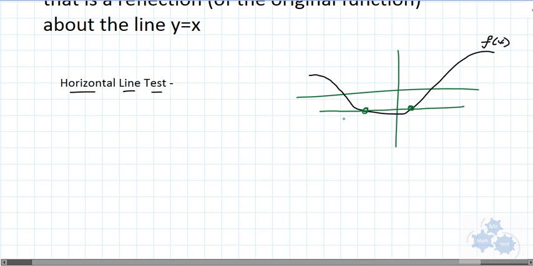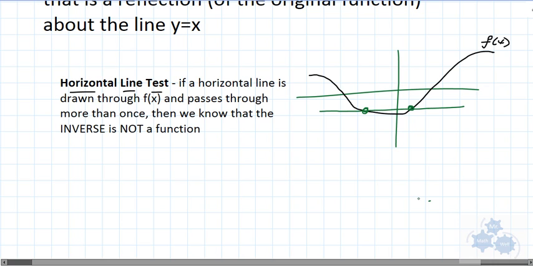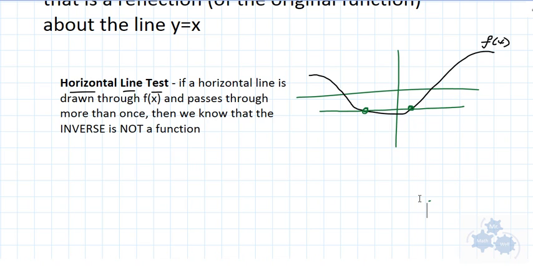If a horizontal line passes through the graph more than once, then we know that its inverse will not be a function. So just like a vertical line test tests whether a relation is a function or not, the horizontal line test tells us whether its inverse will be a function or not.